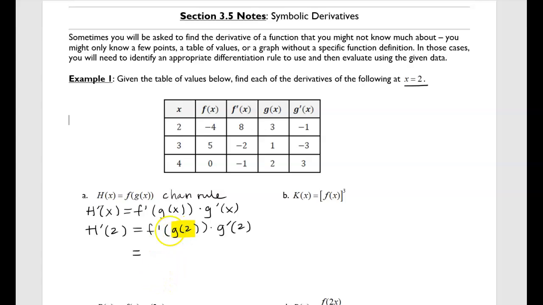For g of 2, I'm going to look at the g column and go down to where x is 2, that is 3. So this is really f prime of 3 times g prime of 2. Then f prime of 3 is negative 2, times g prime of 2 is negative 1. And so this answer is just 2.